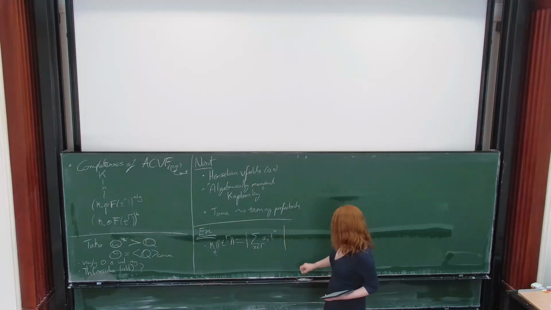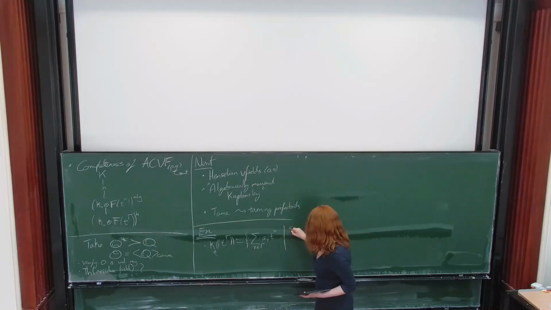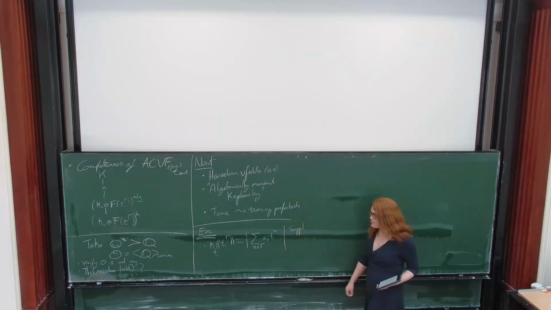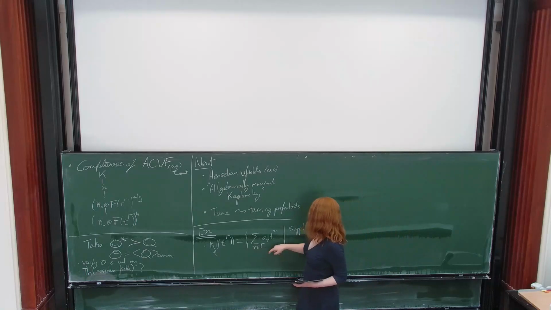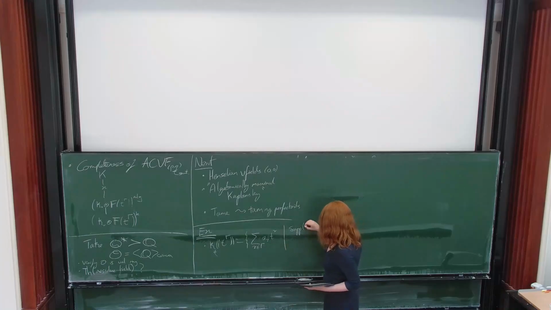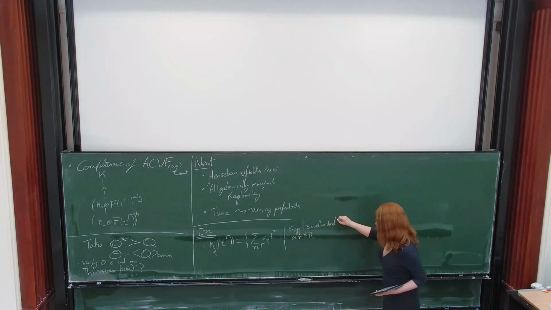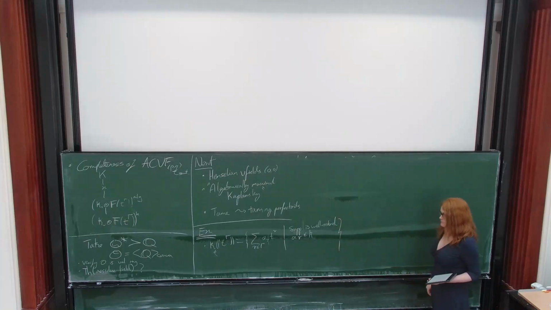There is a constraint: the support, which is the set of little gammas where a gamma is non-zero, is well ordered. All the a gammas, of course, come from the residue field, and that's it.